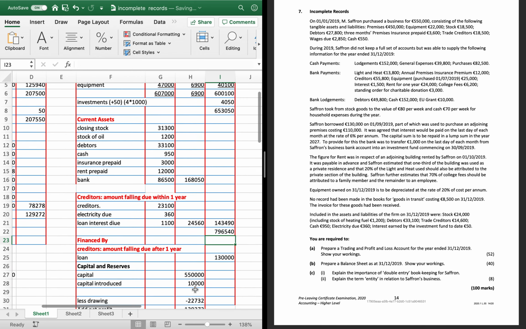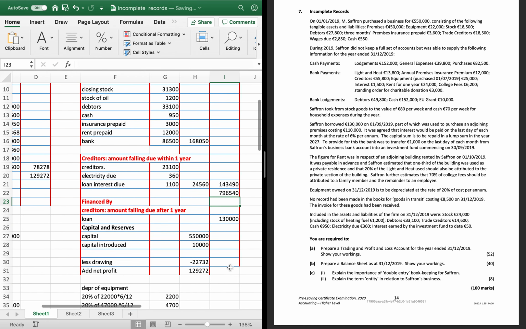That adds up to 765,540. Okay, when we do my capital and reserves, so we've 665,540 and 130. That's going to work out lovely. Your capital employed is 796,540. Okay.